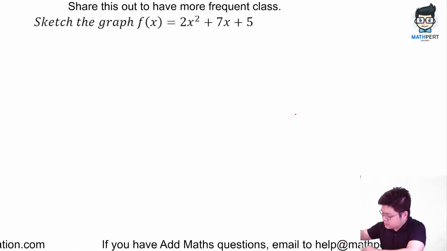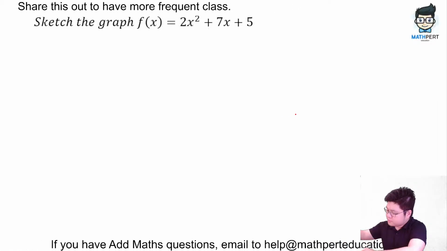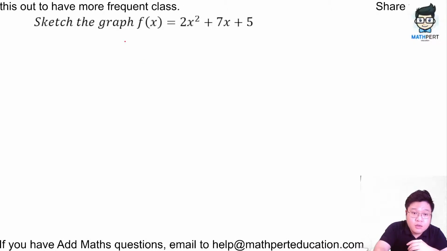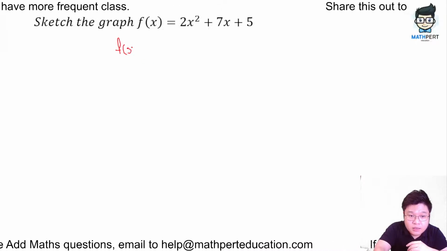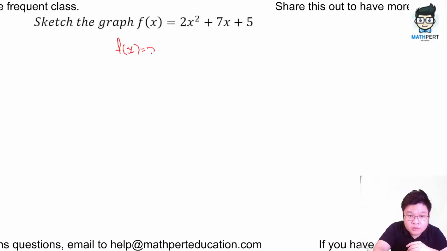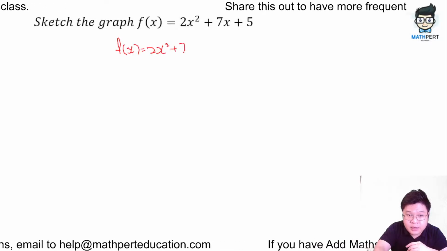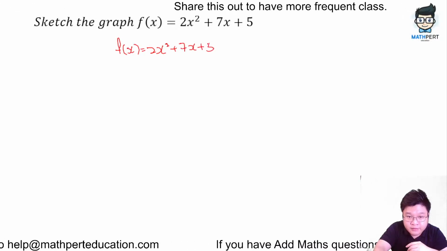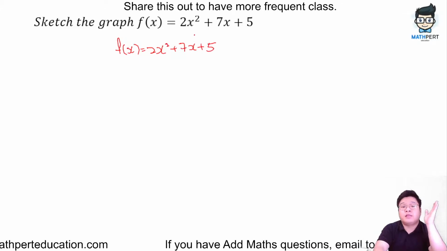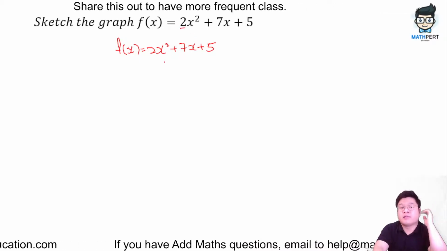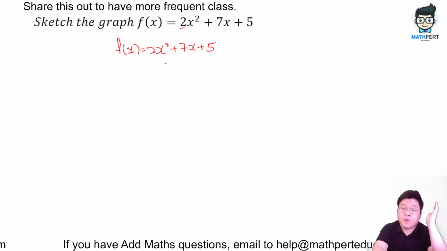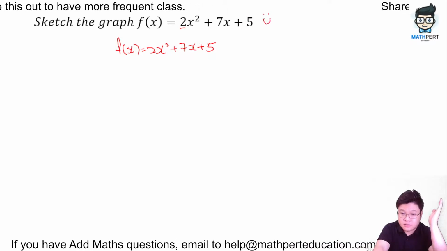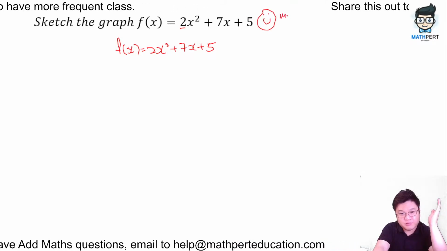So f(x) equals 2x squared plus 7x plus 5. Let's determine whether this is a maximum or minimum point. Look at the coefficient of x squared. Positive, that means happy, minimum.